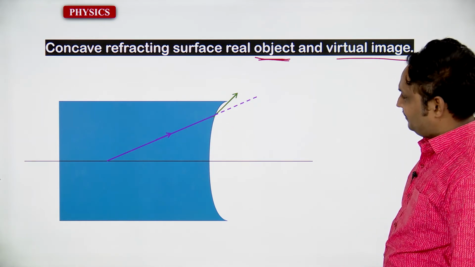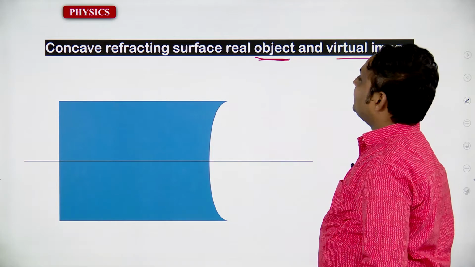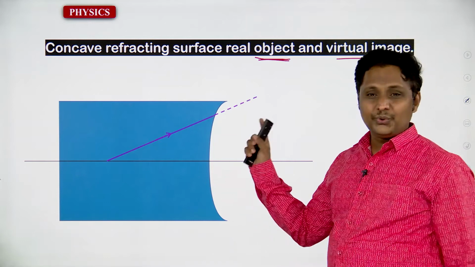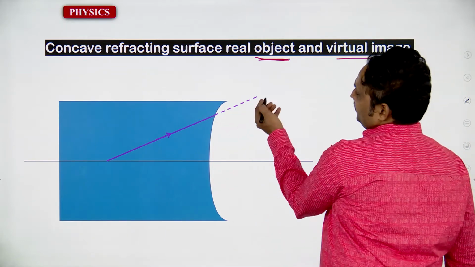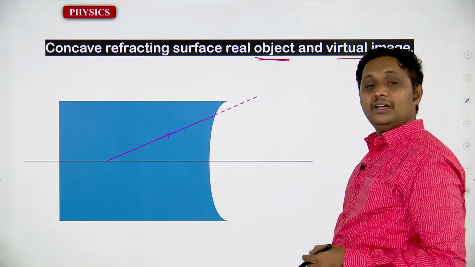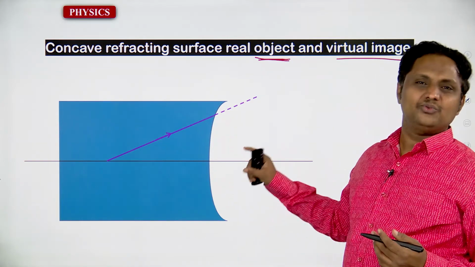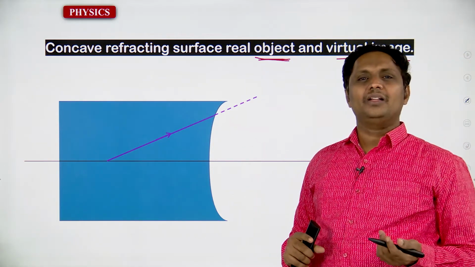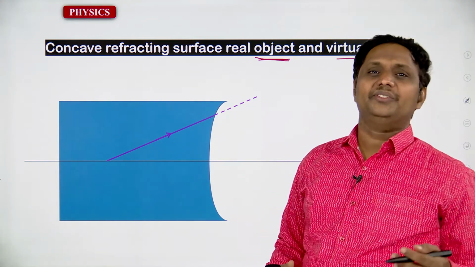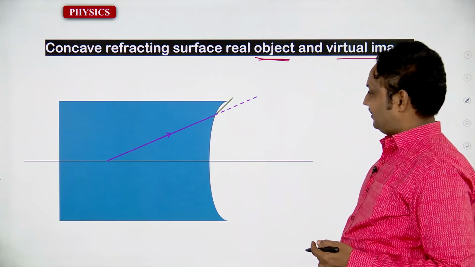Okay, let's see, from the beginning. This is the concave refracting surface, whenever the light ray enters from the denser medium to the rarer medium. This is the extended light ray. Actually it has to follow in this way. Whenever light enters from one medium to another medium having different refractive indices and different density, it is going to have refraction.